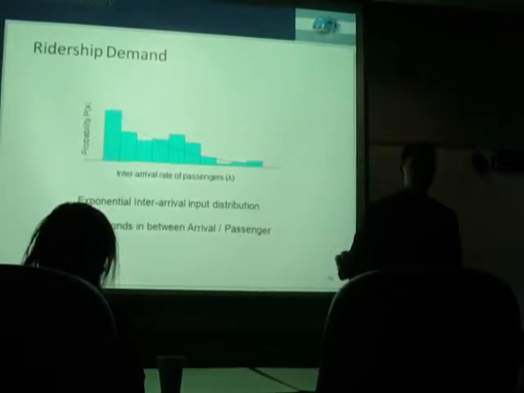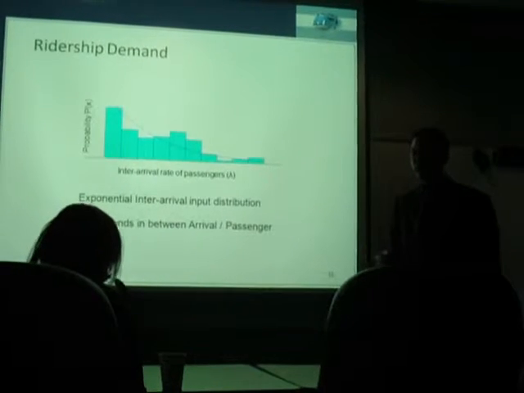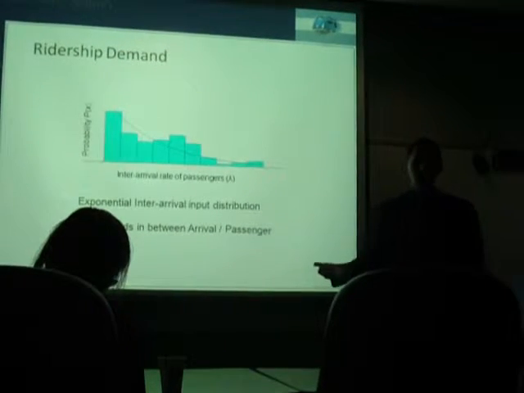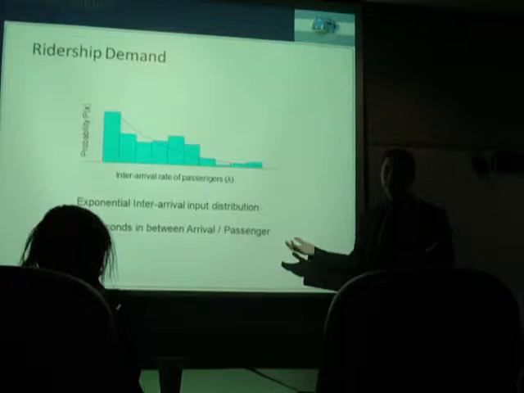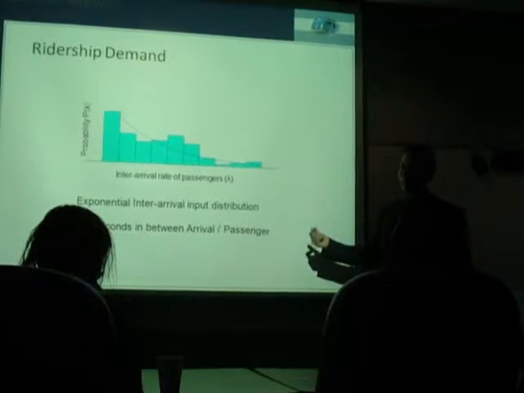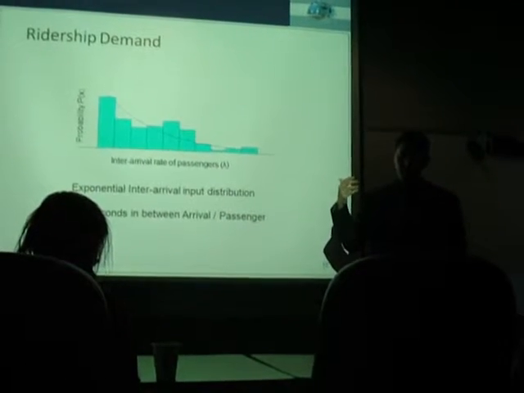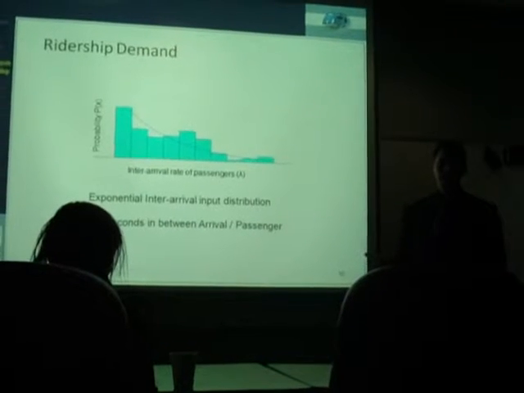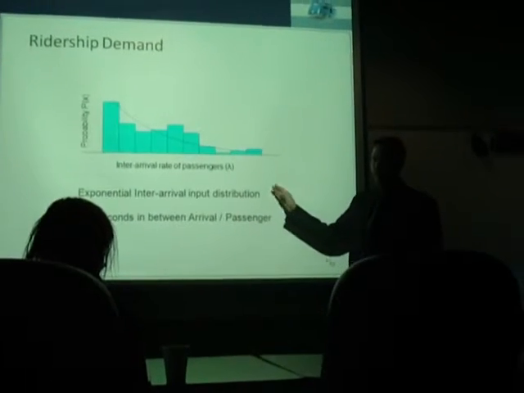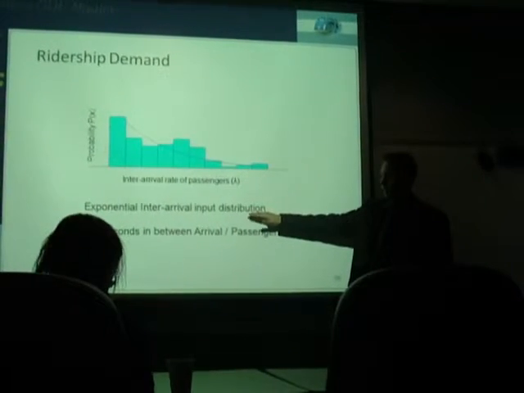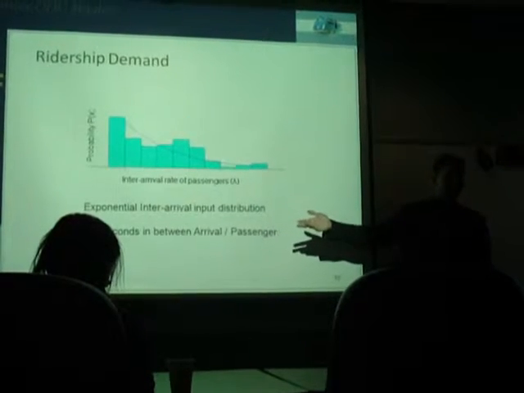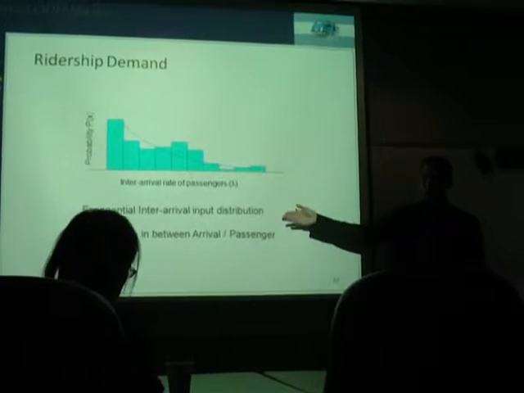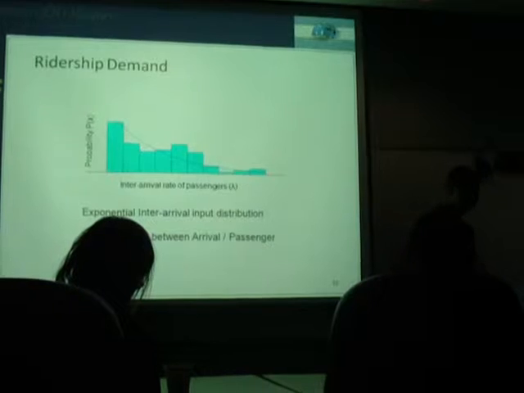Now there are different types of input distributions. You have Weibull, gamma distributions, but since we don't have real-world data, I used Law's Simulation Modeling and Analysis book, and he stated that exponential is the best inter-arrival distribution you can use for this kind of study.